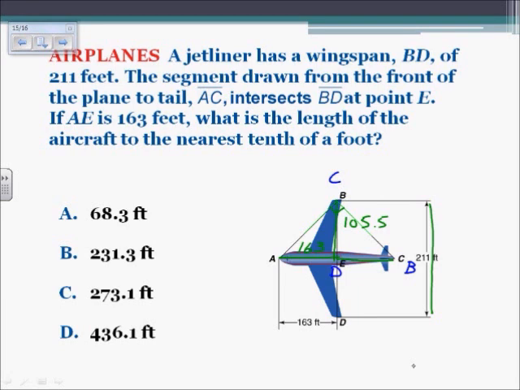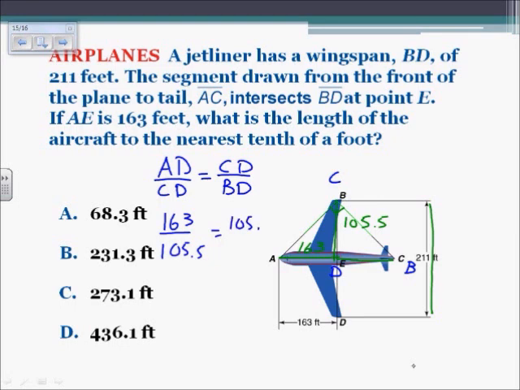So what we're really going to use is a proportion that utilizes CD, and CD is the middle section, and that is AD over CD equals CD over BD. AD was given as 163, CD as 105.5, 105.5 on top, and our value that we're trying to solve for, x.